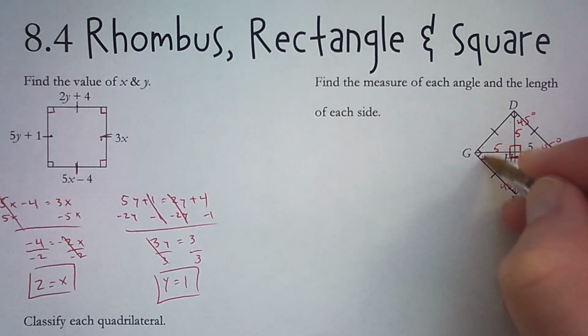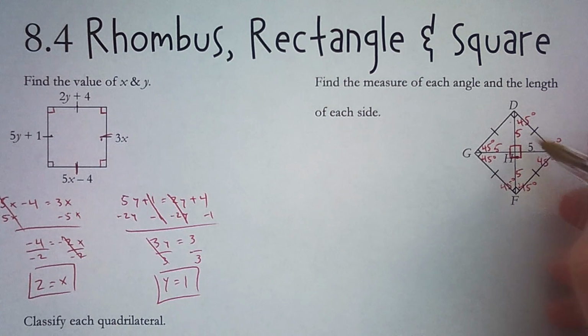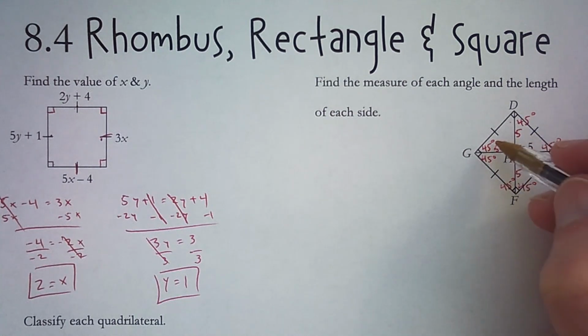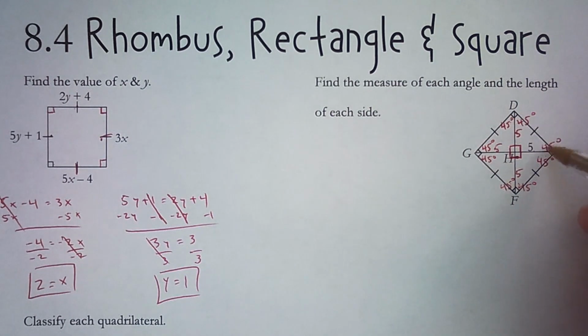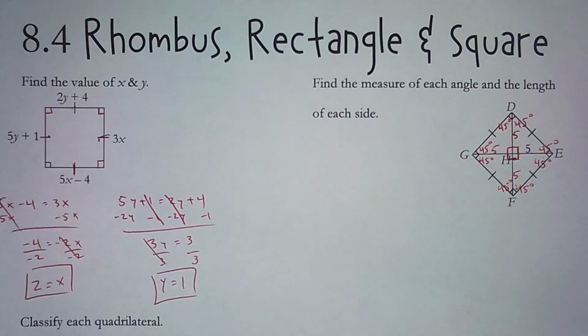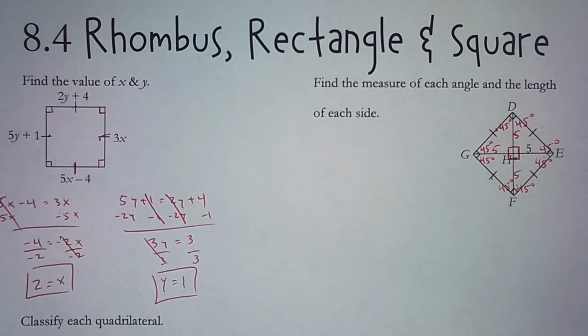The angles here are bisected, and because we have 4 isosceles triangles, we know that these base angles are all equal in measure, so they're all going to be 45 degrees. Now the only thing remaining is these sides around the outside. What I have is 45, 45, 90 triangles, which are in the ratio of 1, 1, square root of 2.